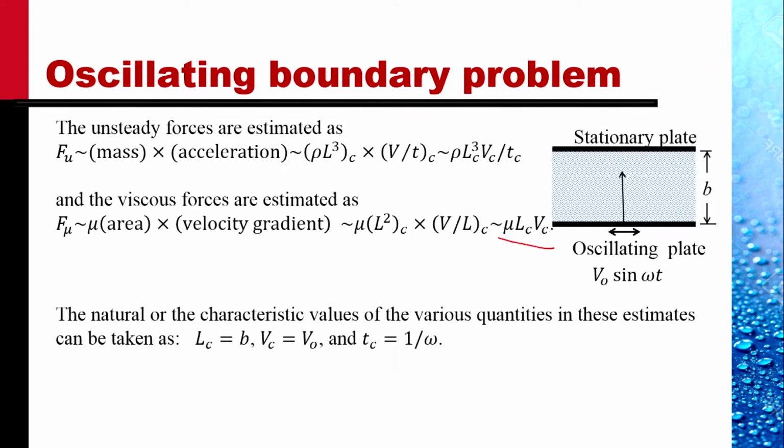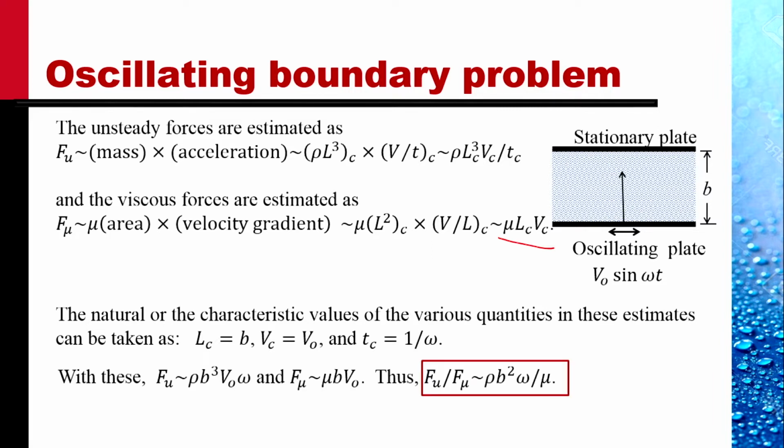The natural or characteristic values of the various quantities in these estimates can be taken as Lc equal to b, the spacing between the plates, Vc, the characteristic velocity, as v naught, the amplitude of the velocity of the oscillating plate, and a reasonable characteristic time is 1 over omega, the circular frequency.